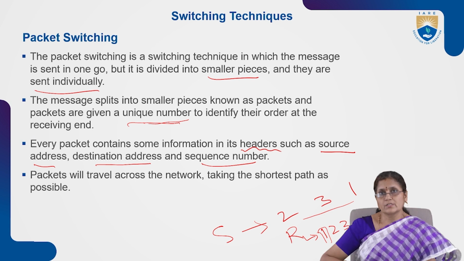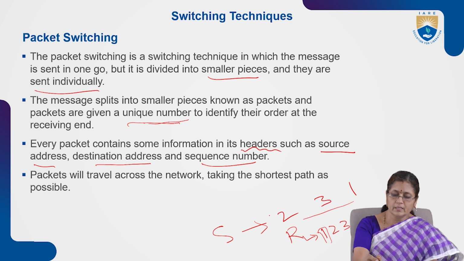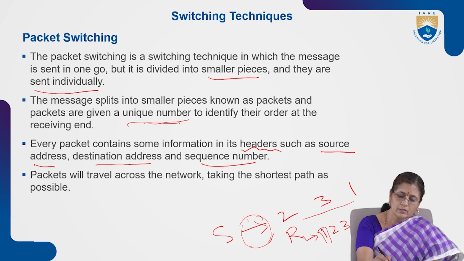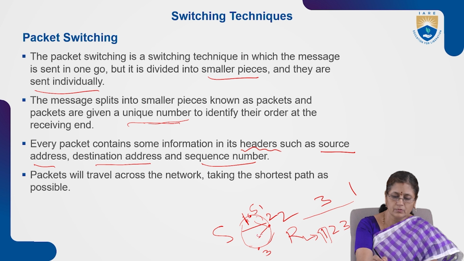Packets will transfer across the network, taking the shortest path possible. From sender to receiver, they will travel through a network, and the network will have intermediate nodes also: switch one, switch two, switch three.